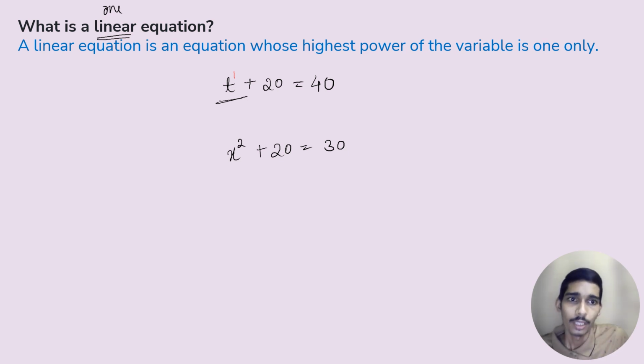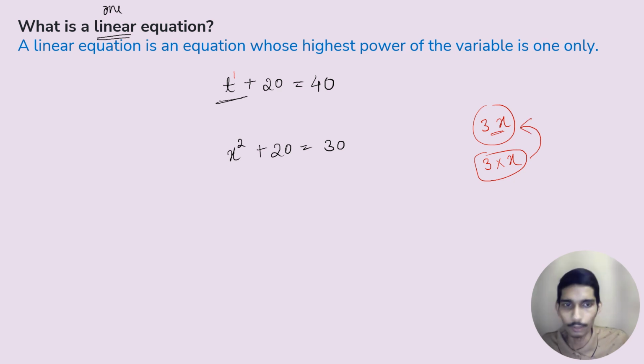Always remember, suppose 3x. Yes, it is an algebraic expression. Why? Because here a symbol is hidden. Which symbol? Multiplication symbol. We can write it as 3 into x, but we don't show the multiplication symbol.